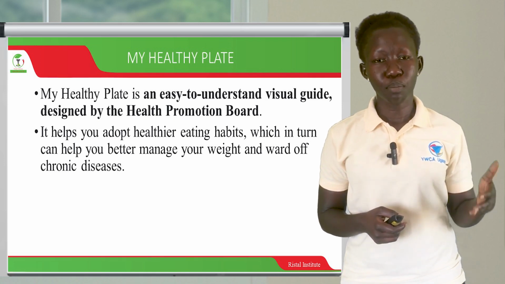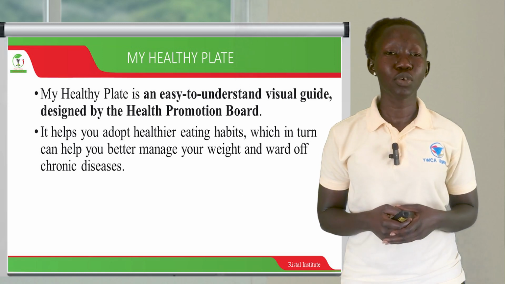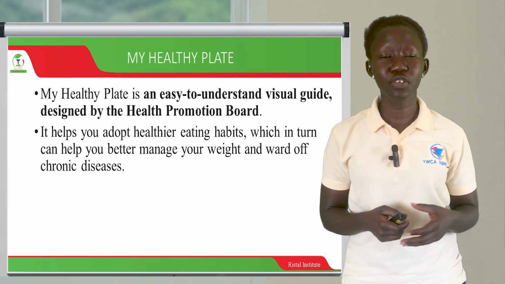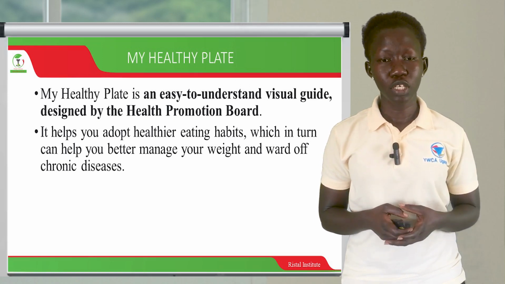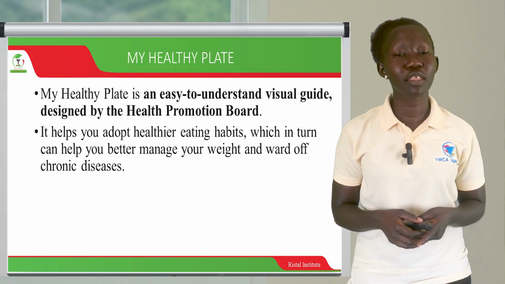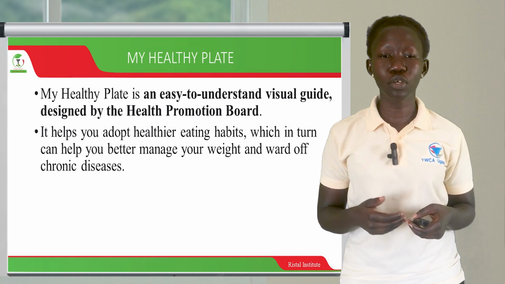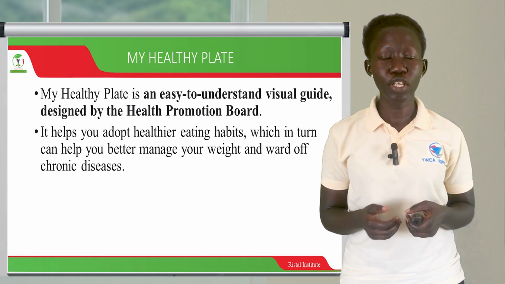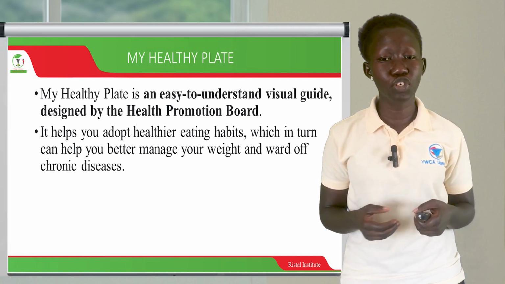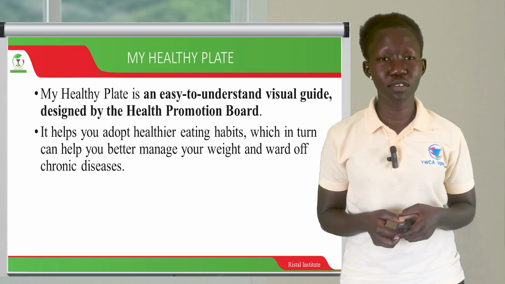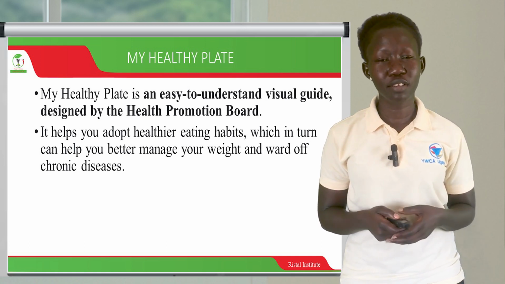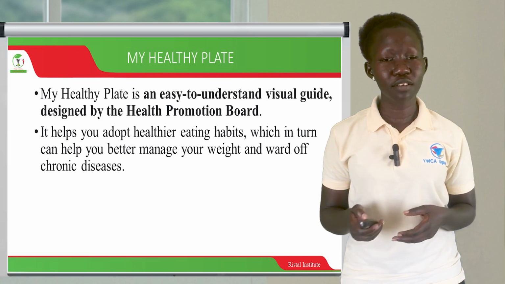Remember that My Plate was designed by the USDA, the US Department of Agriculture, but the My Healthy Plate is designed by the Health Promotion Board. And it helps you to adopt healthier eating habits, which in turn can help you better manage your weight and ward off chronic diseases such as diabetes, hypertension, and heart disease.